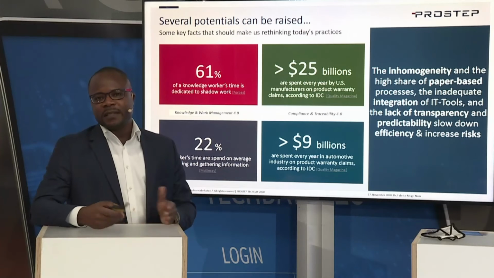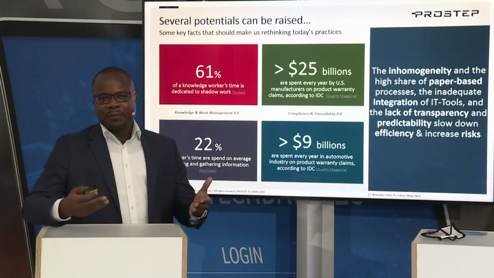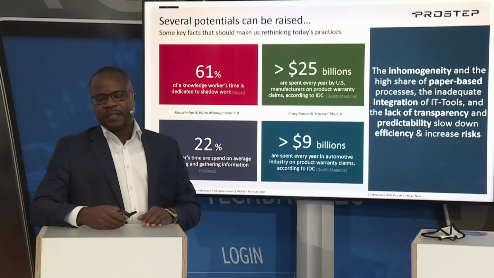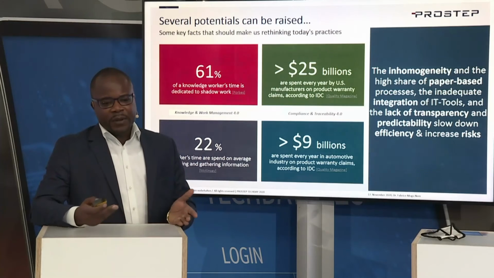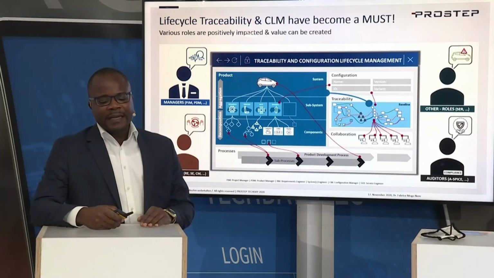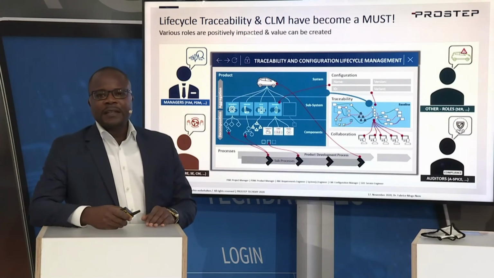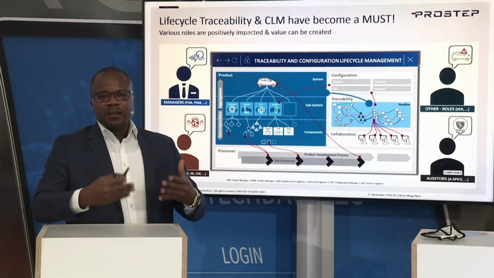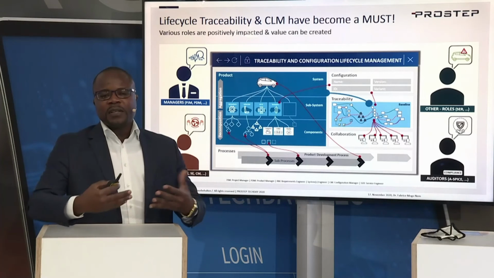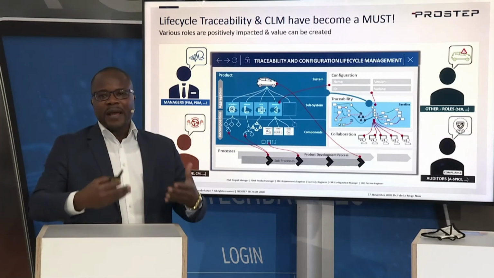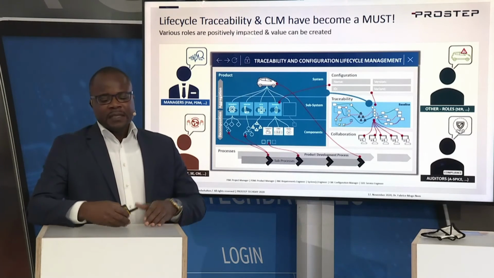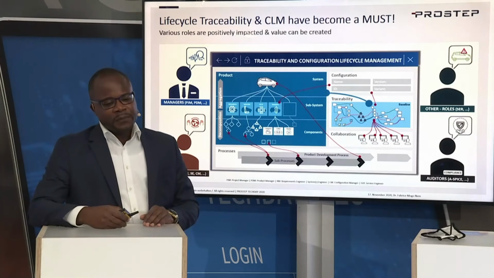And that is also due to insufficient transparency in processes and also the data. So that is why we at PROSTEP see a solution in offering a future solution which enables generating documents or data on the fly, or the compliance requirements can be dealt with that way.